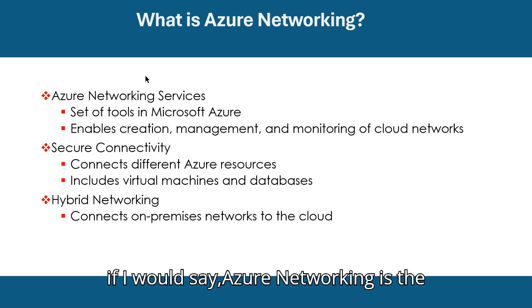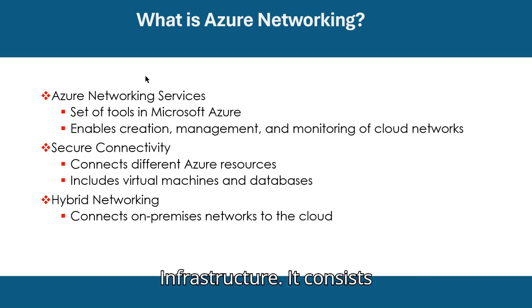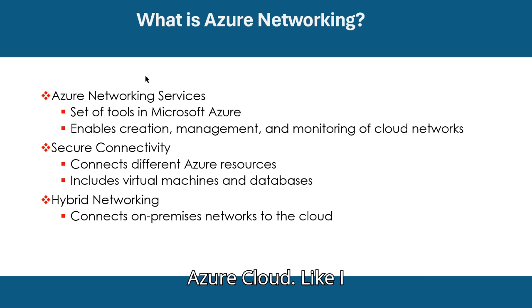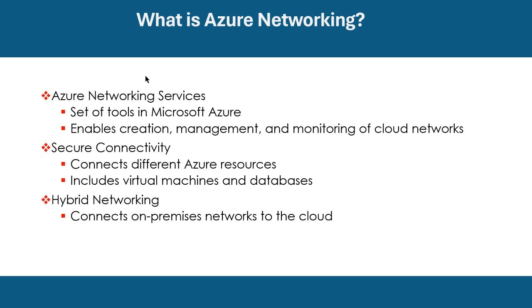So, if I will say, Azure Networking is the backbone of Microsoft Azure Cloud Infrastructure. It consists of a set of tools that allow you, the administrator, to design, deploy, and manage networks within Azure Cloud. Like I said, it's similar to your traditional on-premises network that you have set up.